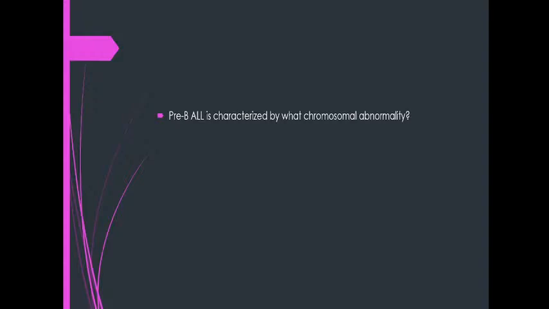Okay? So pre-B ALL, or pre-B cell acute lymphoblastic leukemia, is characterized by what abnormal chromosomal abnormality? Trisomy 21. Oh, familiar? What's trisomy 21?